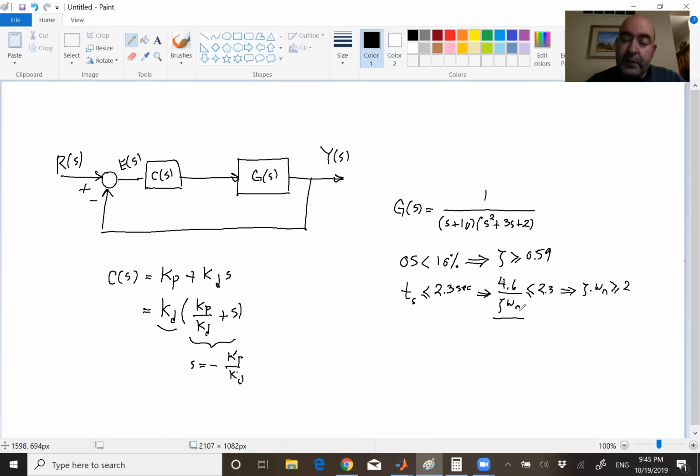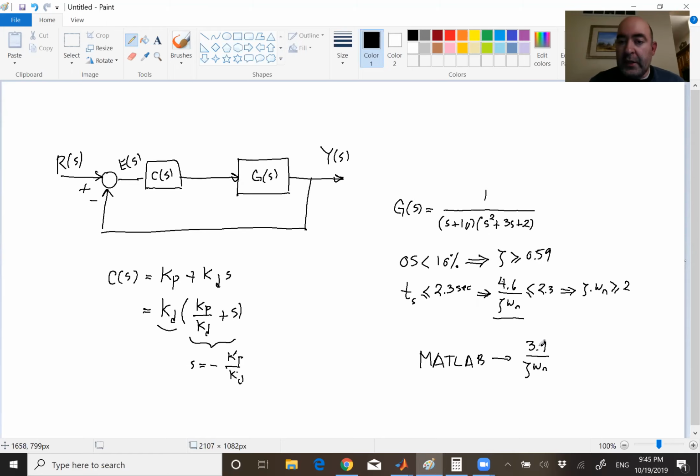Matlab's default definition for settling time is actually the time it takes for the output to settle within plus minus 2%. So when you have 2%, Matlab's definition would be basically 3.9 divided by zeta omega, and it certainly takes less time to settle within plus minus 2% than it takes to settle within plus minus 1%.